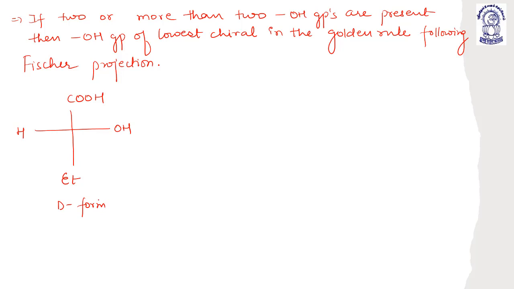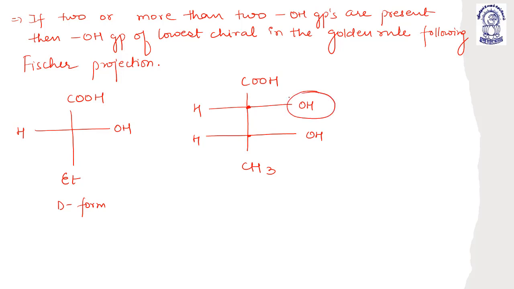Okay, so they have the hydroxy group attached to the carboxylic acid. This one and this one, the lowest chiral, the OH is attached on the right side.